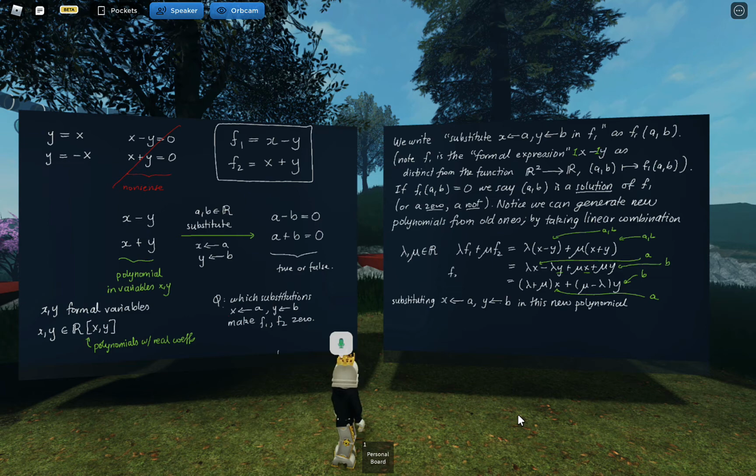So if I call this f3, then evaluating f3 at a, b, well, that's just going to be the same as evaluating f1 at a, b, multiplying by lambda, evaluating f2 at a, b, multiplying by mu, and adding them together, and that's 0.